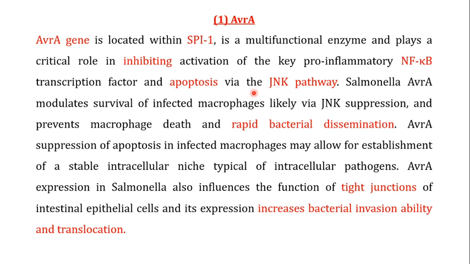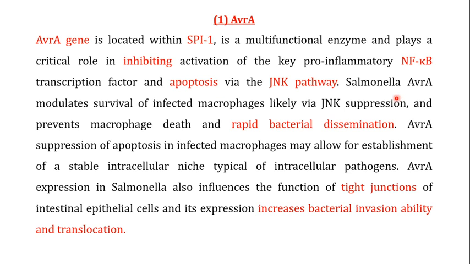Now, what happens is when AvrA inhibits the NF-κB transcription factor, it is inhibiting the production of the pro-inflammatory cytokines. The bacteria is having a favorable environment for its growth. Secondly, when it inhibits the apoptosis, that means it can easily grow inside the cell and it does not allow the death of the cell.